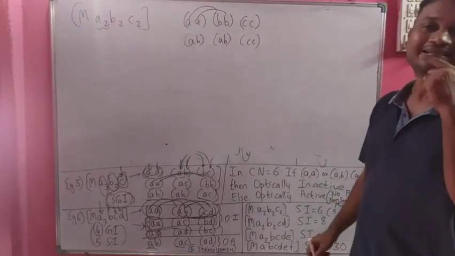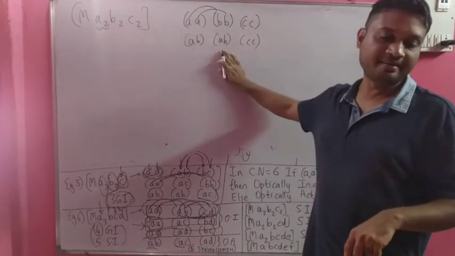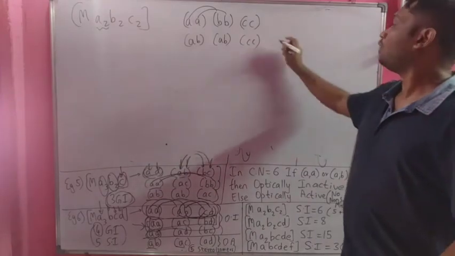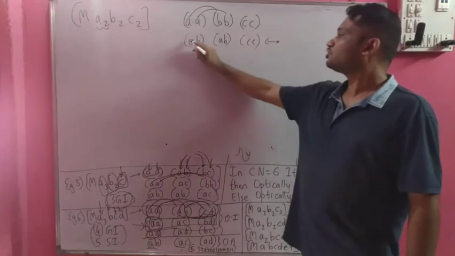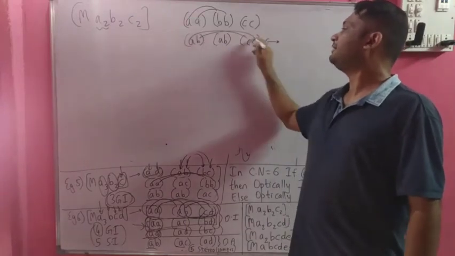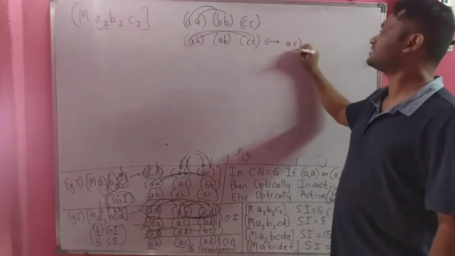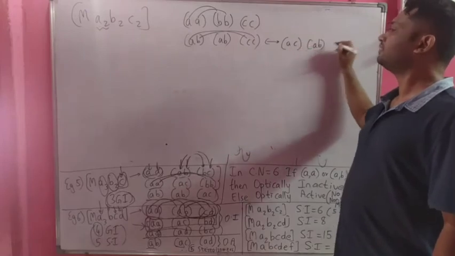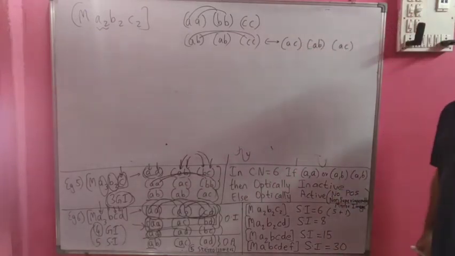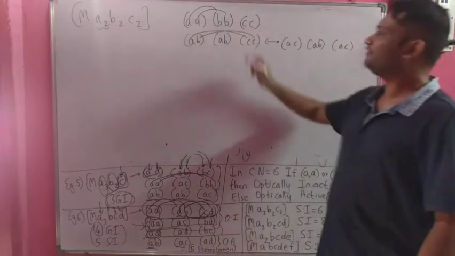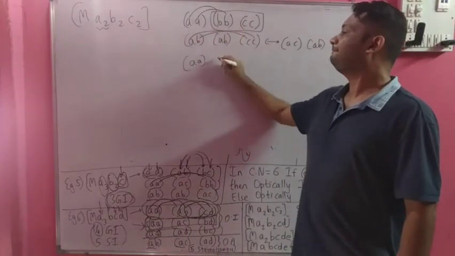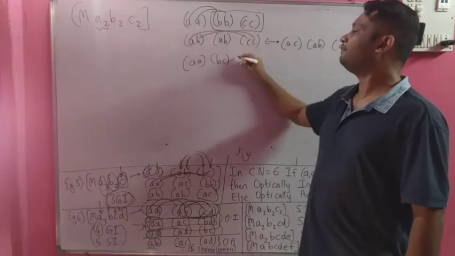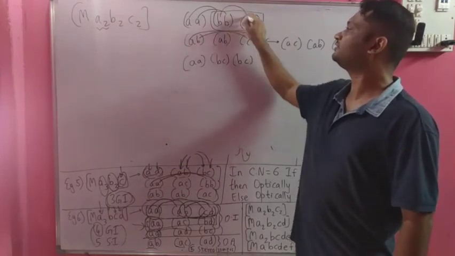So this is the second set. Now, if I play around with this structure, what will I get? If I combine A with C and B with C, so AC, AB, and AC. Now, if I play around with these two, I will get AA as it is, BC, and one more BC.